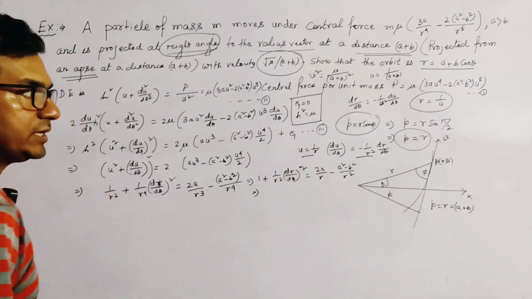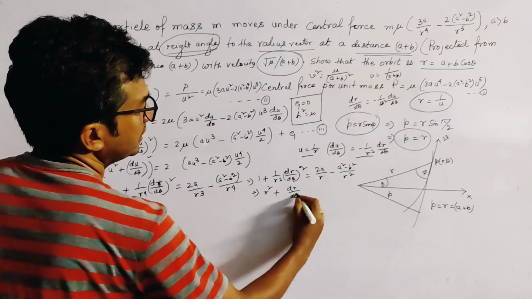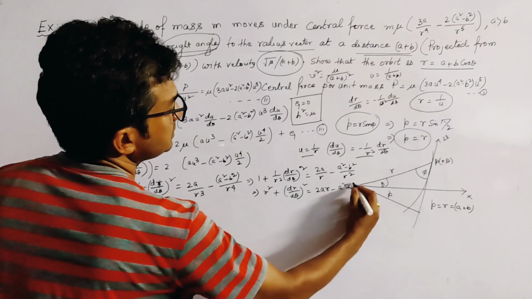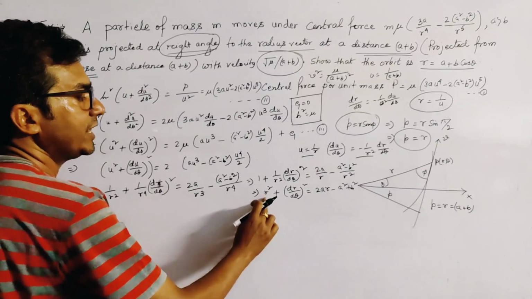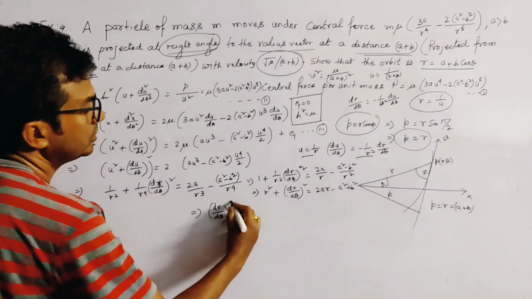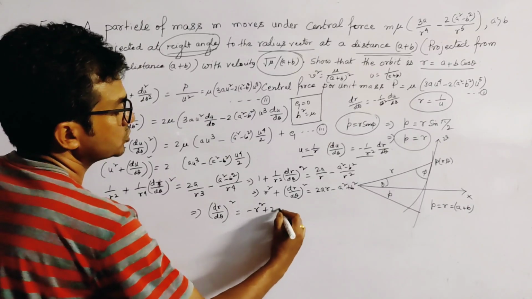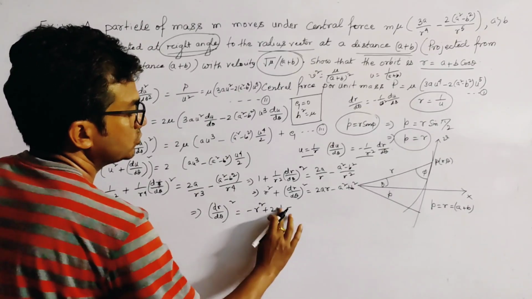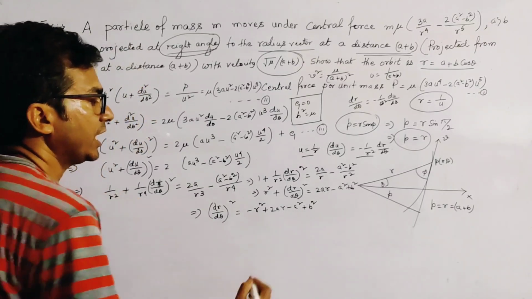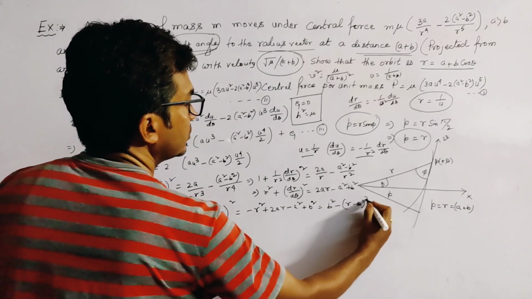Now by taking LCM we get r square plus dr d theta whole square, equal to 2ar minus a square plus b square, and changing the side of r square we get dr d theta whole square equal to minus r square plus 2ar minus a square plus b square, and clearly this is b square minus r minus a whole square.